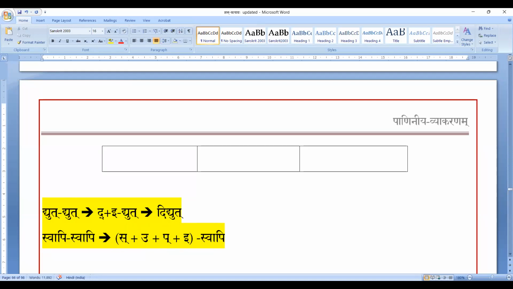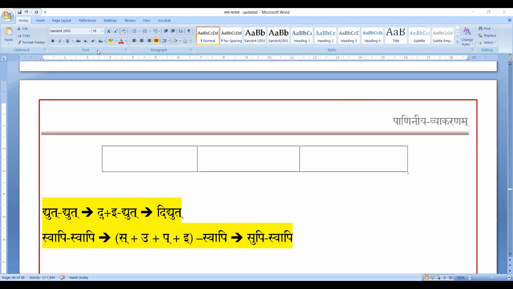So here you will have su plus P, supi, swapi. Sakara plus U, su, then Haladi Sheshaha also will happen. So pakara will go away. And this is samprasaranam. Again, U plus E will become U. I think you will get Suswapi something.